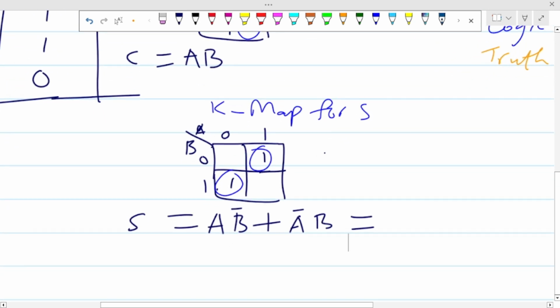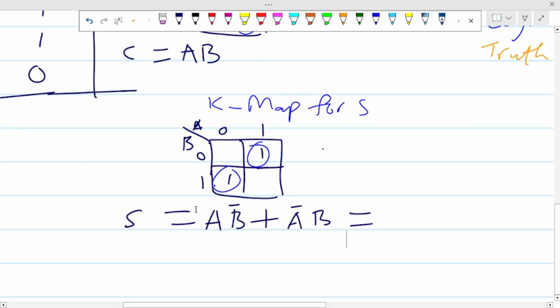Okay, it's an exclusive OR because it is this or this. But they are kind of opposites to each other, so you can represent it as A or B, but the OR is an exclusive OR. So that's how it looks like.